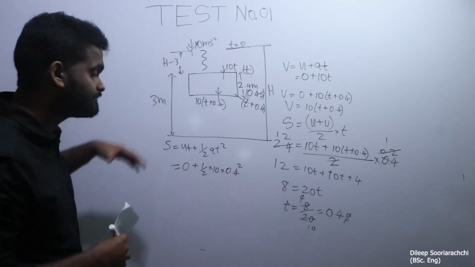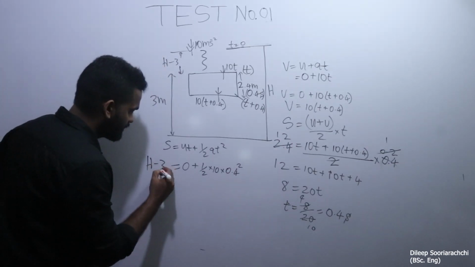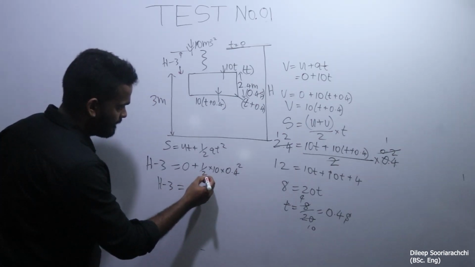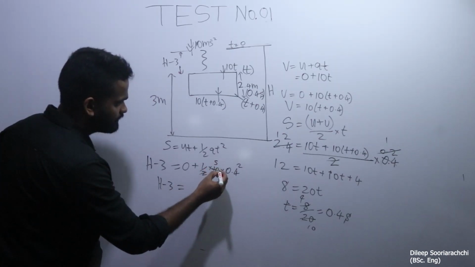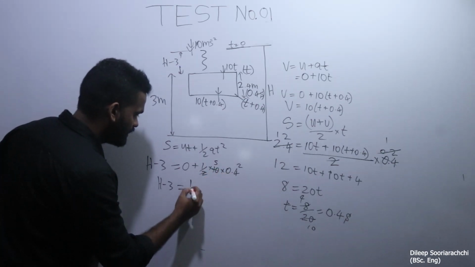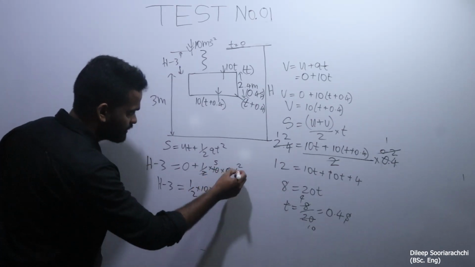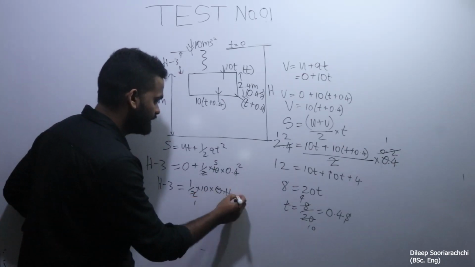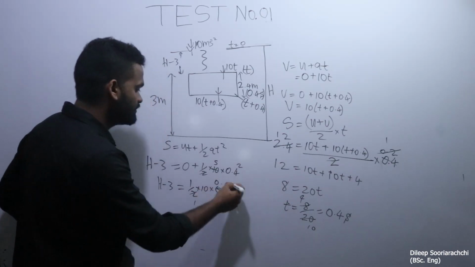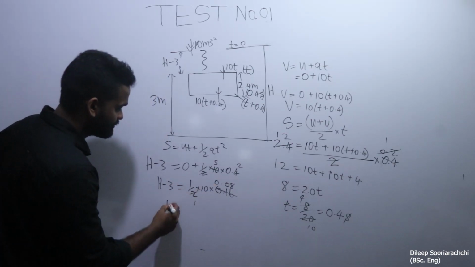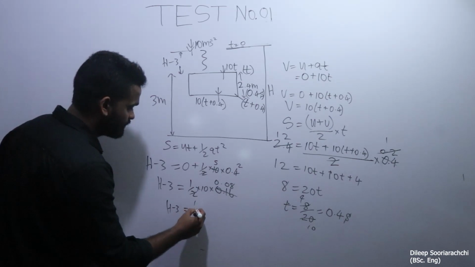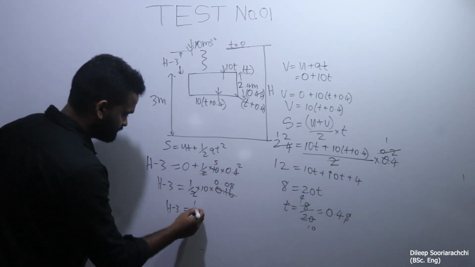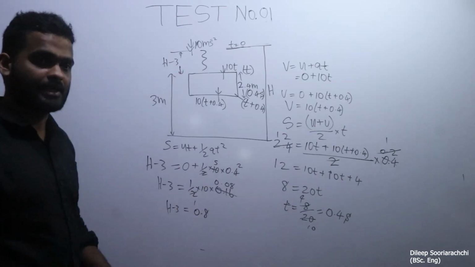So H minus 3 equals half of 10 times 0.4 squared, which is 0.16. Half of that is 0.08, multiplied by 10, so H minus 3 is equal to 0.8.